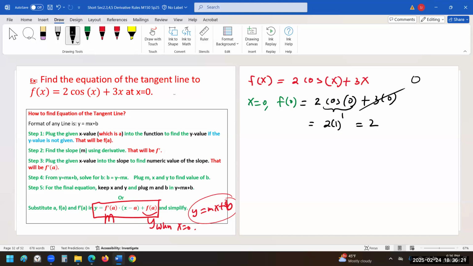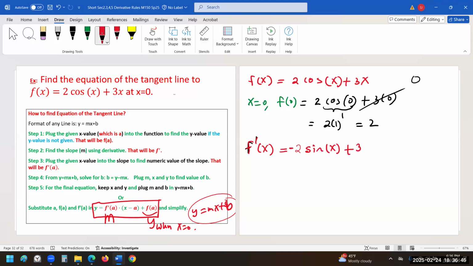Then we find the derivative. Derivative of 2, it's a coefficient, we'll leave it alone. Derivative of cosine is negative sine x, so let me put the negative in the front. And the derivative of 3x is 3.